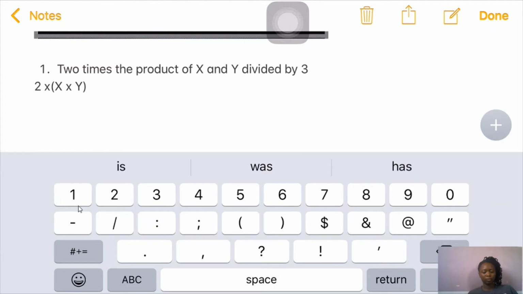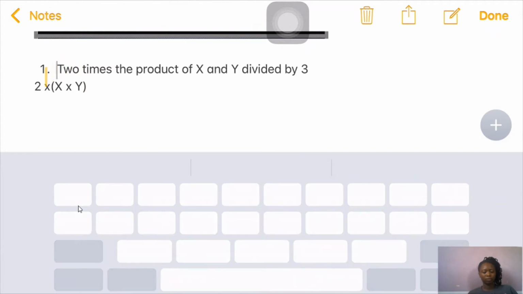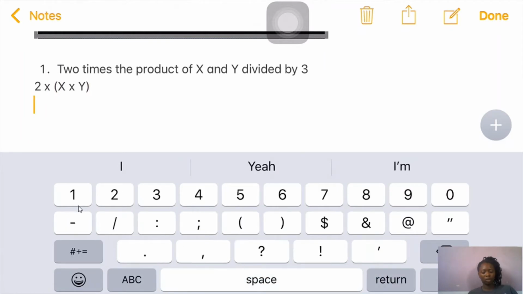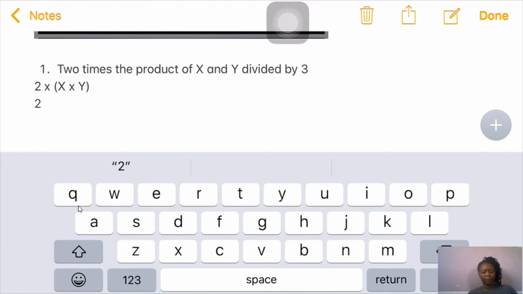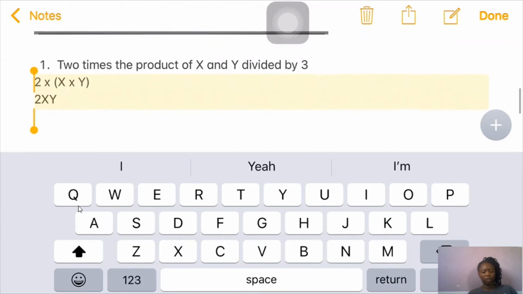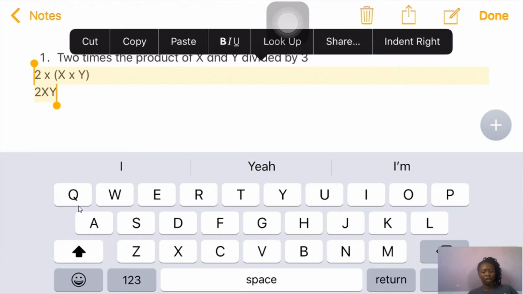So 2 times x and y. This is the same as 2 x, y. So any of the answers is correct.